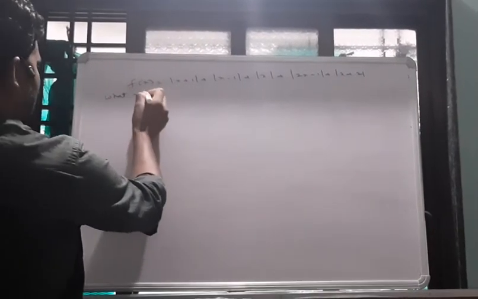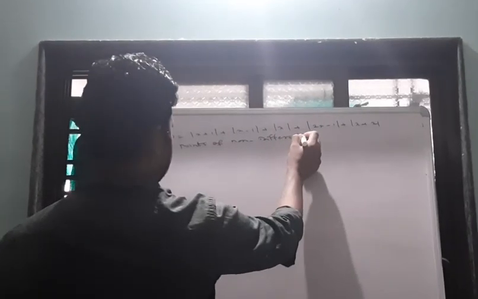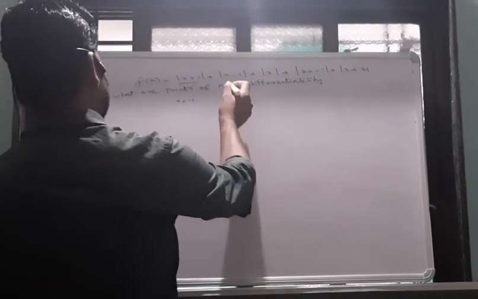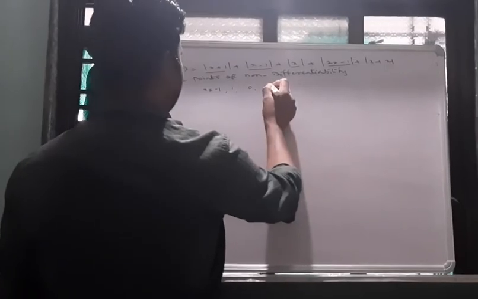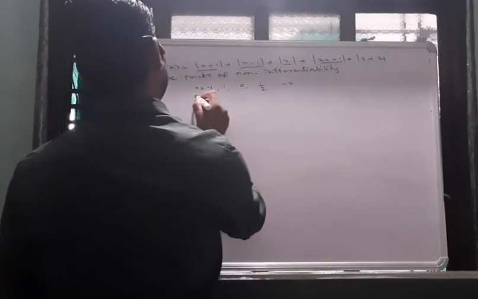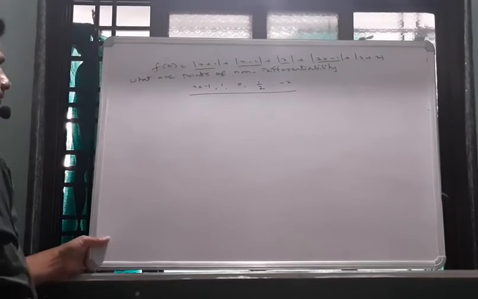What are the points of non-differentiability? This one is not differentiable at x equal to minus 1. This is not differentiable at x equal to 1 by 2. And this is not differentiable at x equal to minus 2. These are the points of non-differentiability. Other than that, the function is differentiable.